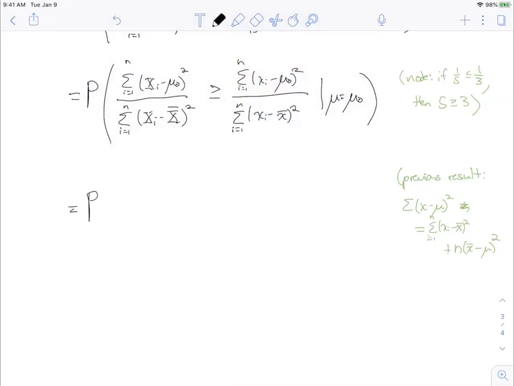And so if I plug that in for the numerator, what I'll have is the sum i equals 1 to n of xi minus x bar squared plus n times x bar minus mu 0 squared.